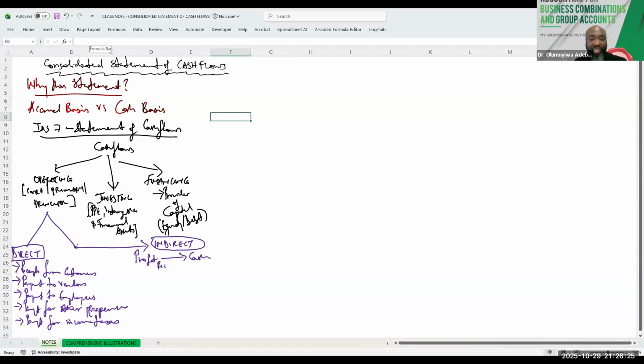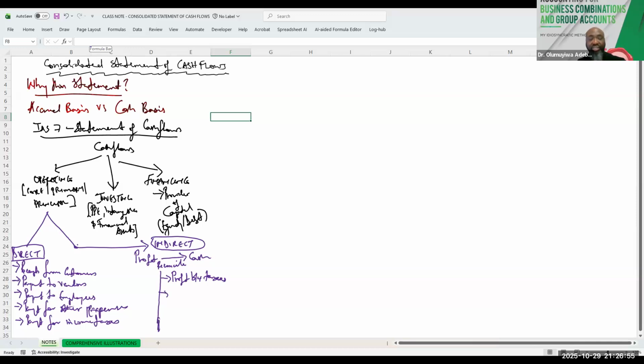How can we reconcile profit to cash? And under this premise, you start from the first point of call, which is your profit before taxes. Okay? And my objective is to reconcile this profit to cash.